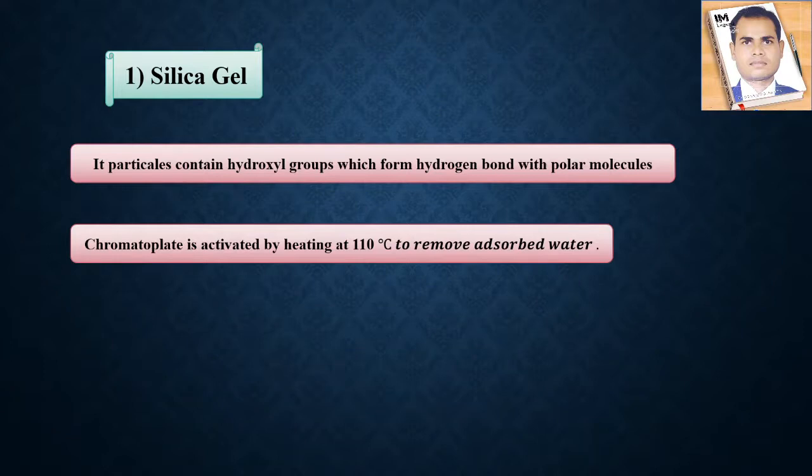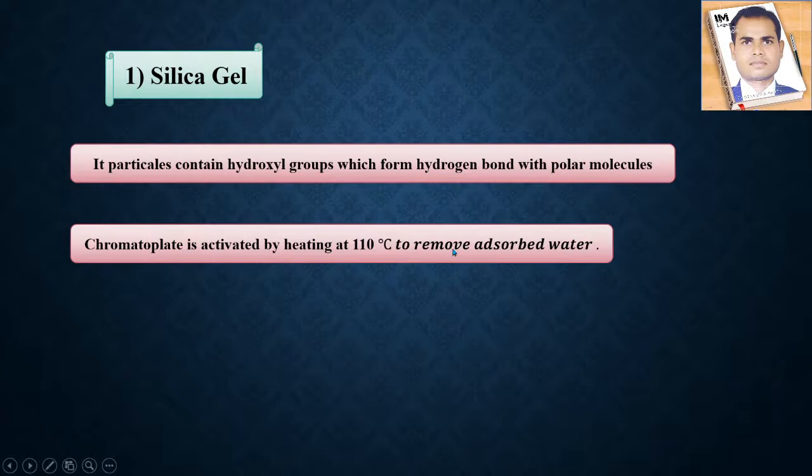Now the chromoplate is activated by heating at 110 degrees Celsius to remove the adsorbed water. After applying that silica gel on the surface of the glass plate, we have made the chromoplate. This is a small or fine layer on the glass plate, which is activated by heating. We heat it up to 110 degrees Celsius. What are we removing after heating?